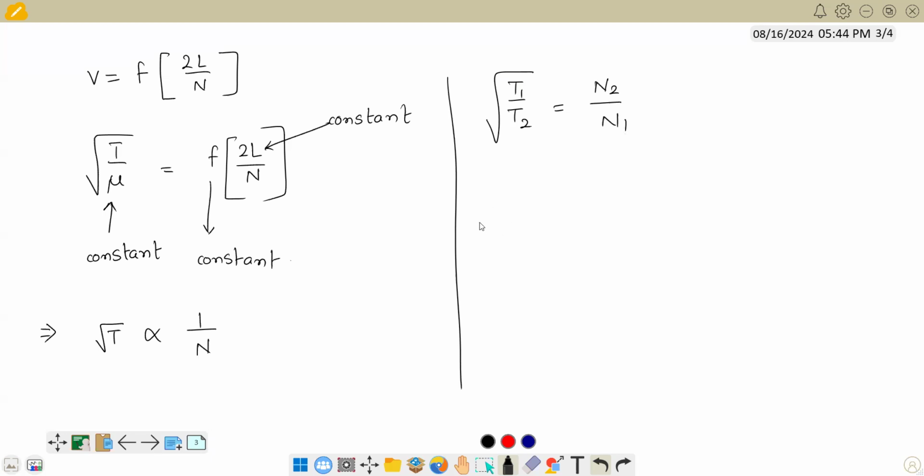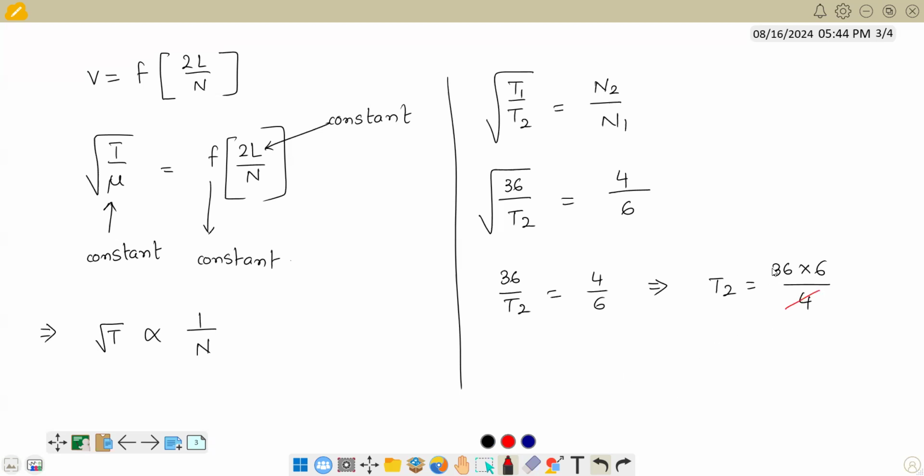Root T1 by root T2, so root 36 by root T2 equals to, in the second case, it will vibrate with 4 loops. So n2 is given as 4 and n1, in the first case, it is vibrating with 6 loops. So it is 6. Square it on both sides, 36 by T2 equals to 4 by 6 whole squared. So when you square it, this would become 4 by 6 into 4 by 6.